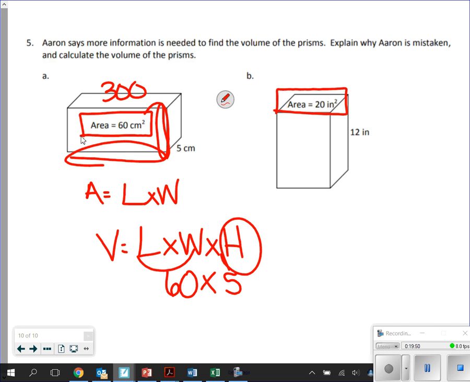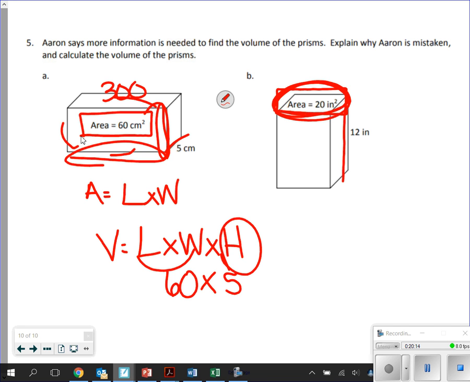This, they're giving me the area and the height. So I'm getting the area of maybe this surface and the height. They were giving me the area of this surface and then the height of whatever.